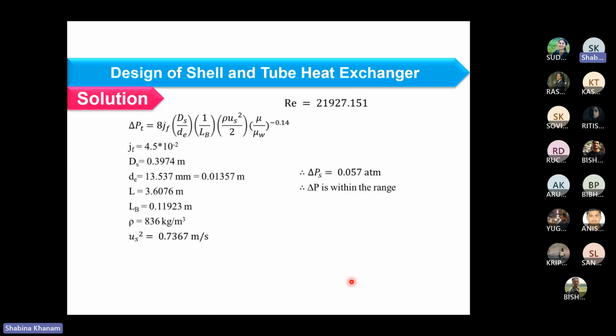Be as accurate as you can when reading the value. Here I'm having the other parameters, so putting all the values over here, we can find the pressure drop as 0.057 atmosphere, or we can say bar, which is also less than 1 bar.